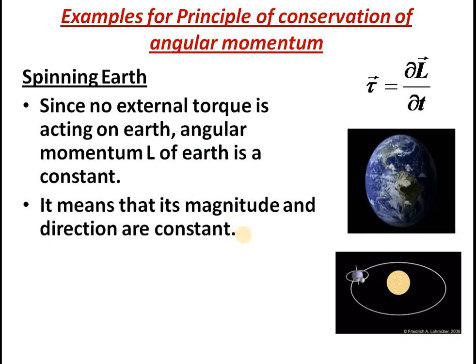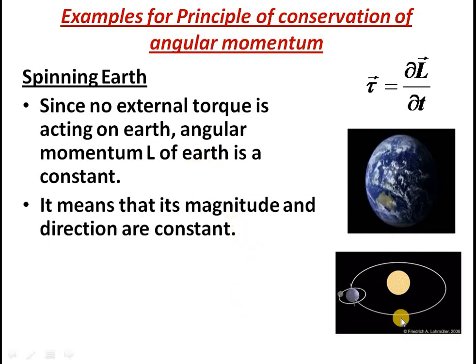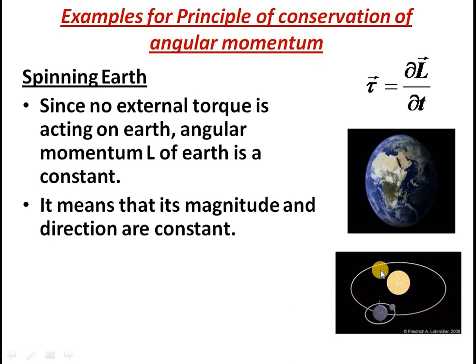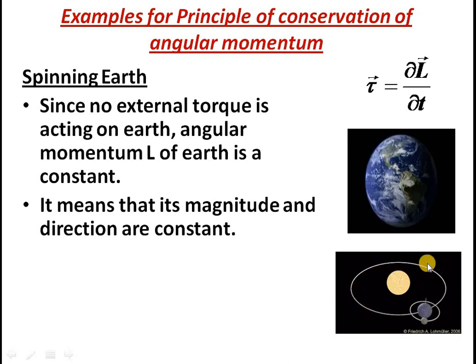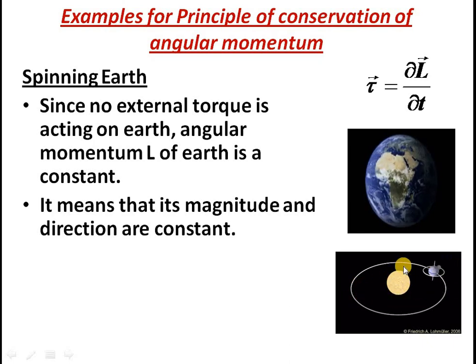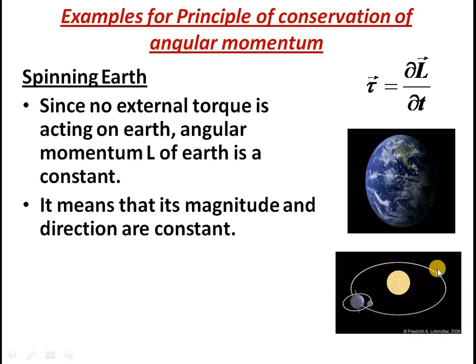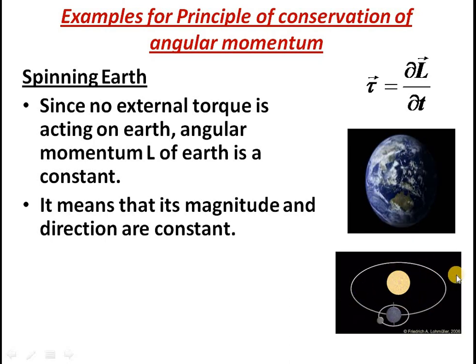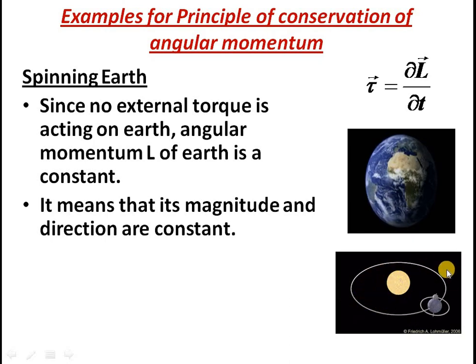And similarly, Earth is revolving around the Sun. This animation shows that Earth is revolving around the Sun, and this is a revolution. The first one is a rotation. In this revolution also, its angular momentum is conserved at every point.